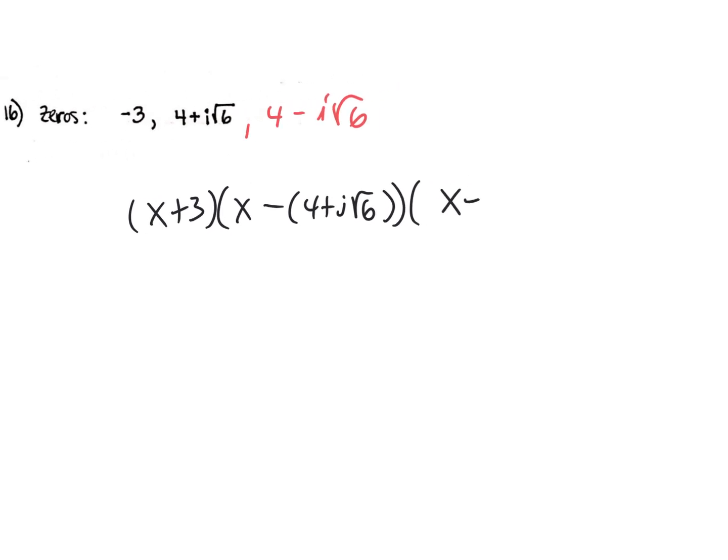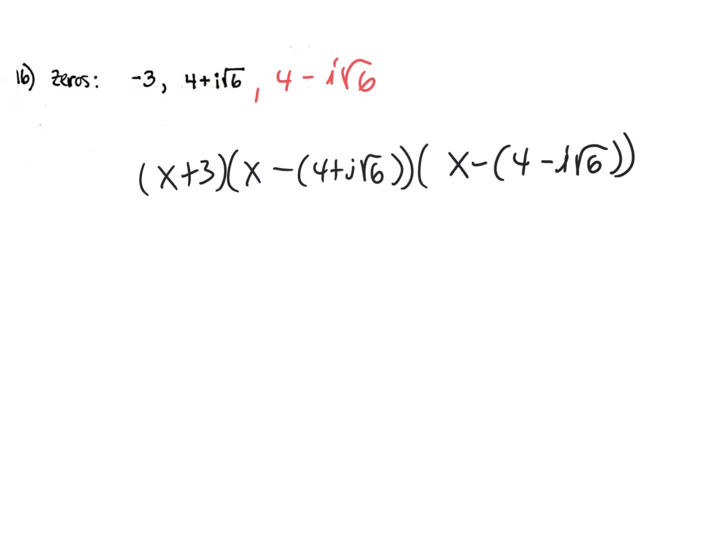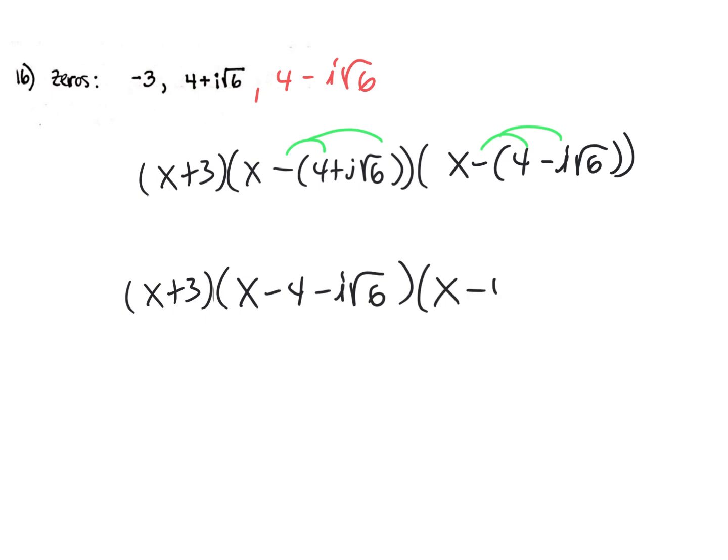X minus 4 minus i radical 6. So once again, distributing, we would have the x plus 3, but then literally just this and this.